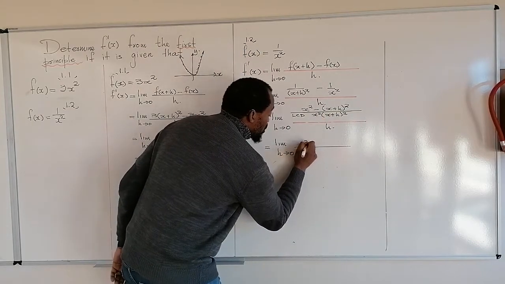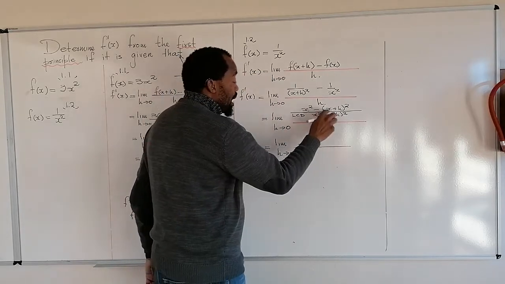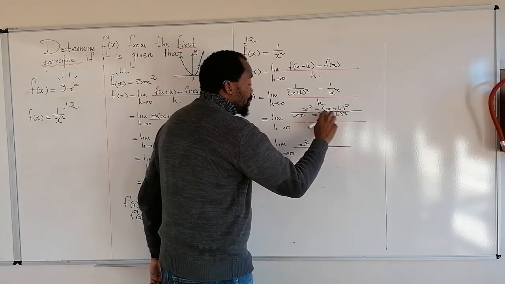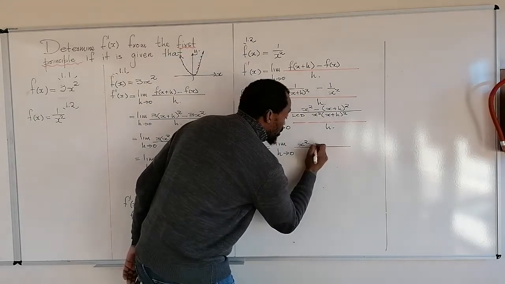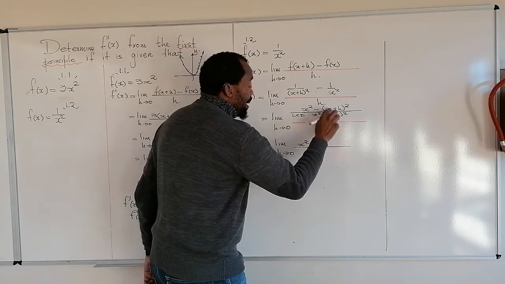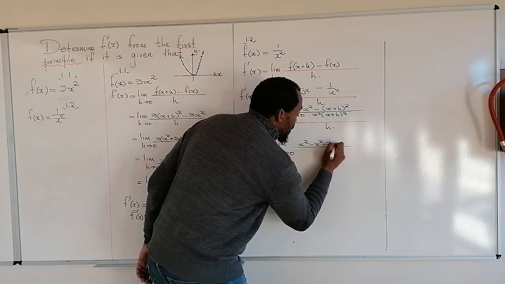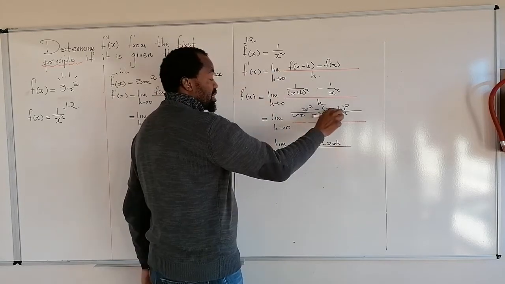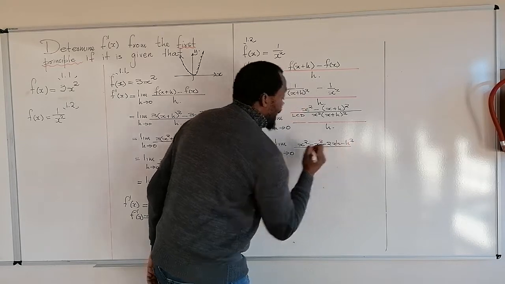That becomes x squared, it is this one, minus. I multiply this by itself and multiply it by the negative sign. It will be minus x squared. Remember, this will be plus 2xh minus 2xh. That will be plus h squared minus h squared.